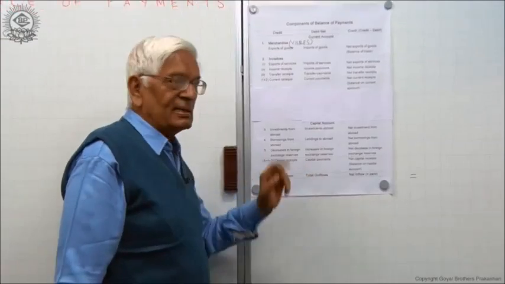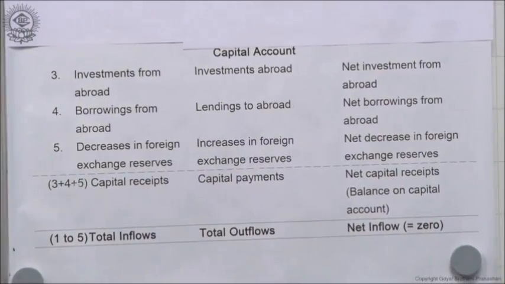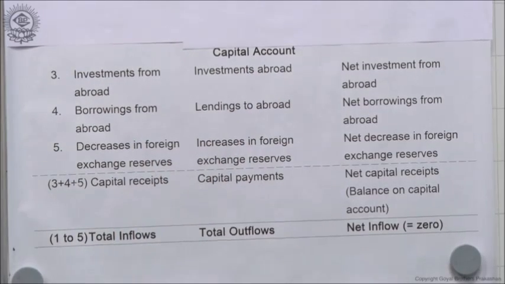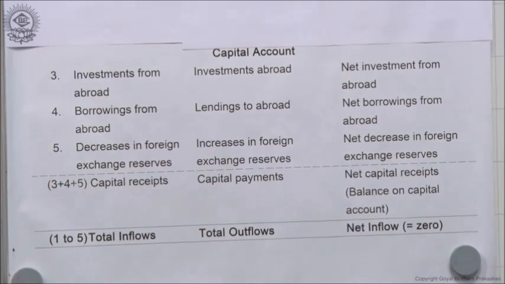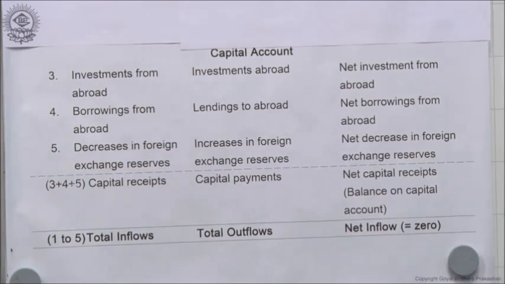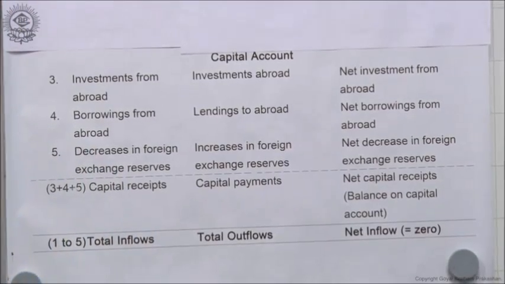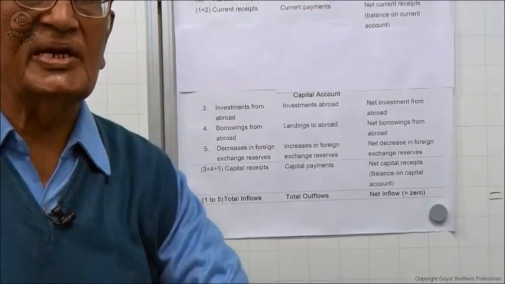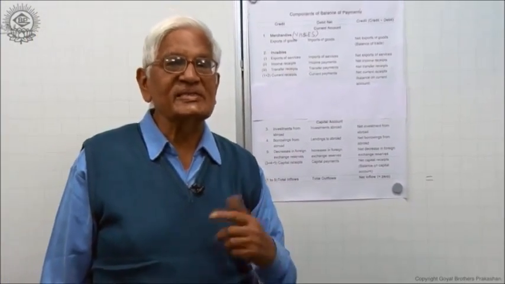Now we come to capital account. I told you, in capital account we record all transactions which affect foreign exchange liabilities and foreign exchange assets. We mainly have three: investments from and to abroad. When foreigners invest in India, they bring in foreign exchange, but that foreign exchange is not ours, it is theirs.